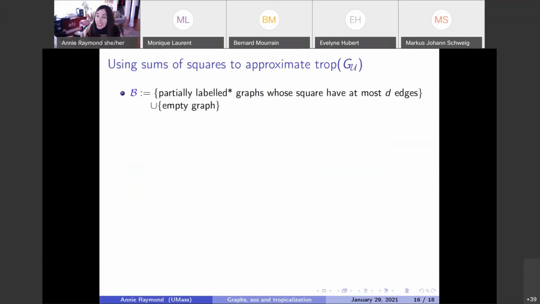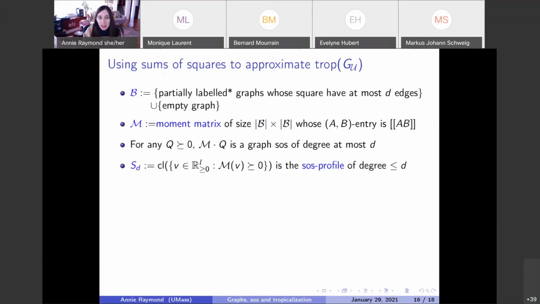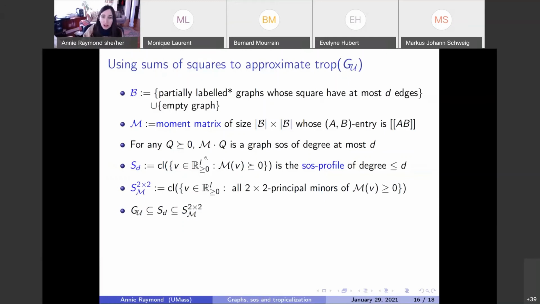And the other nice thing that a lot of you might care about is that you can use sums of squares to approximate this tropicalization. A little bit like what Greg was talking about in his last talk, we could look at the SOS profile, so we could look at all the points that make our moment matrix PSD, or we could look only at the 2x2 principal minors.